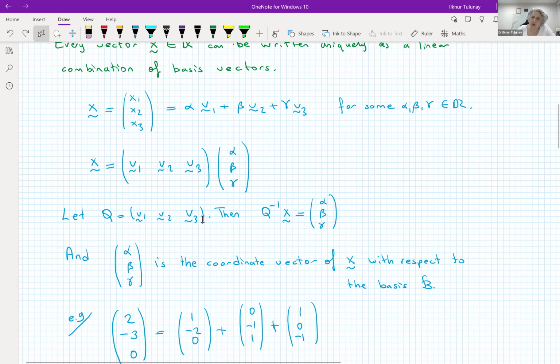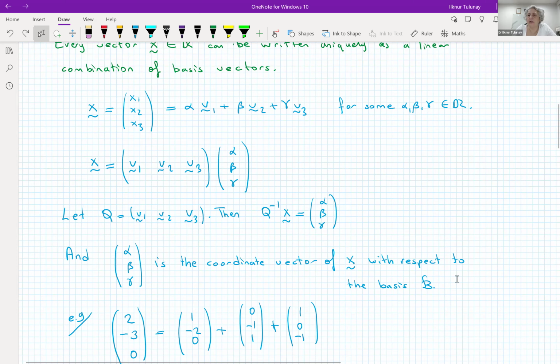If a matrix has a non-zero determinant, then it has an inverse. Then we have Q inverse. So if you multiply from this side by Q inverse, you will have Q inverse Q, which is the identity. Then you will get alpha, beta, gamma. In this way, you get Q inverse x. So (alpha, beta, gamma) is the coordinate vector of x with respect to the basis B.